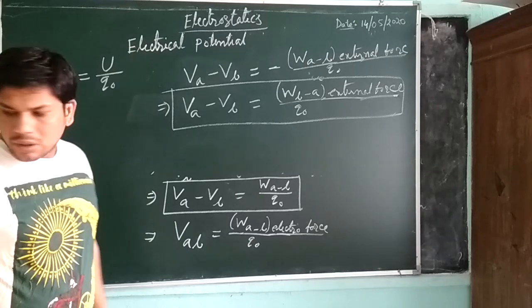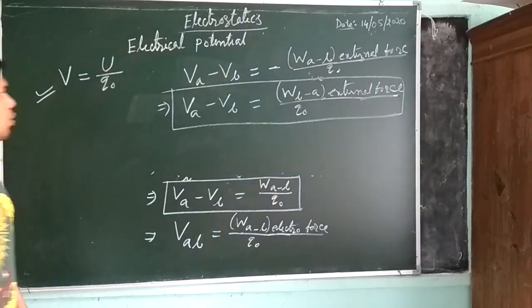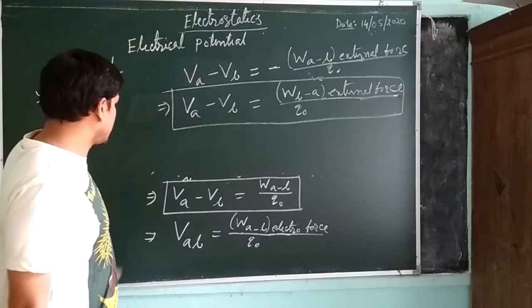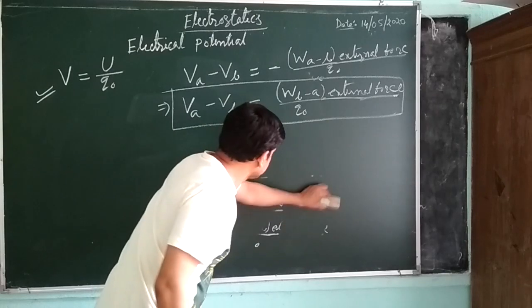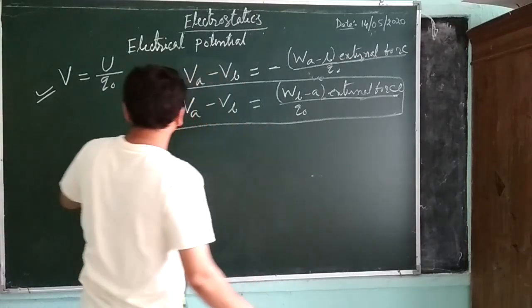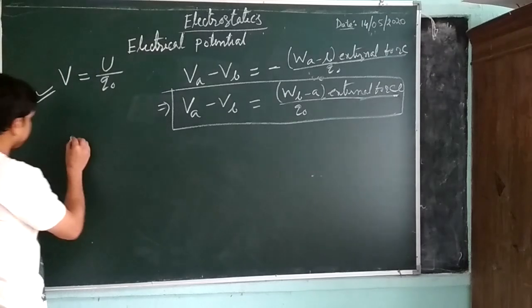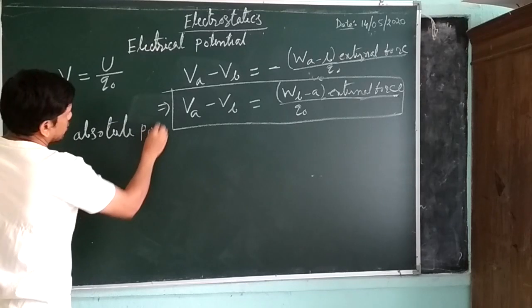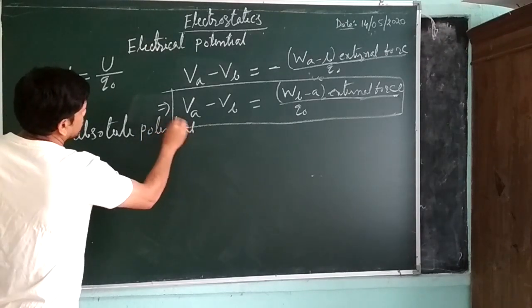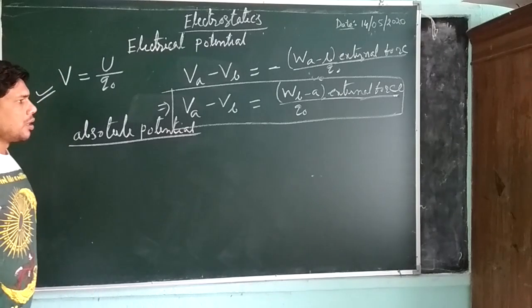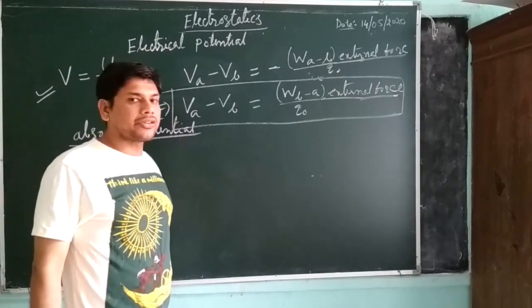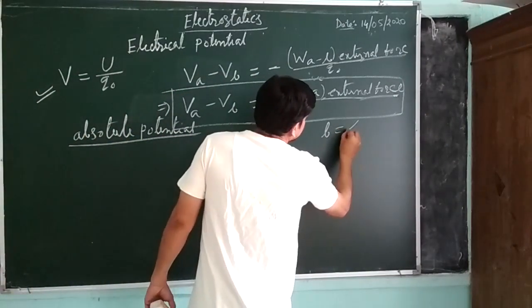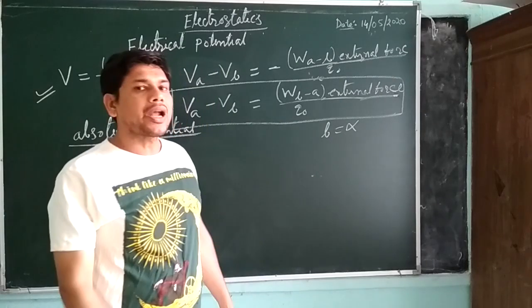Next we have to derive the absolute electrical potential. Here we consider that B point is situated at infinity.